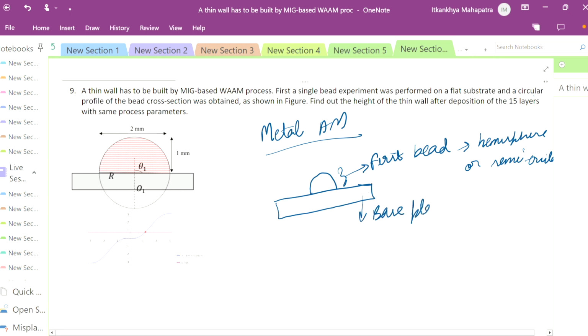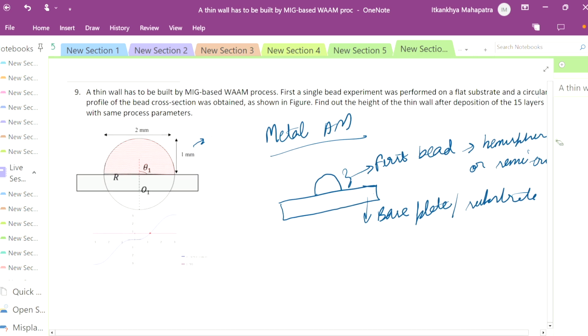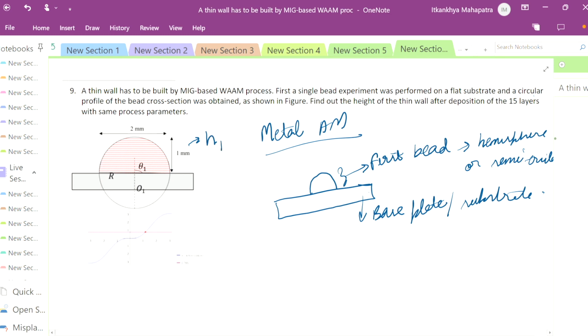We need to find the height of the thin wall after deposition of the 15 layers. You have been given the height of one layer, 1 mm, H1, but that doesn't mean this will be the height for each layer. Now we have to calculate the heights of the subsequent 14 layers. This is your width, 2 mm.